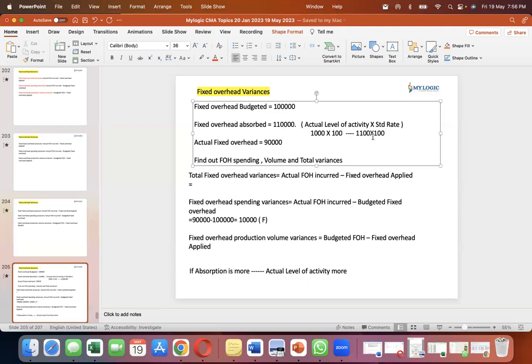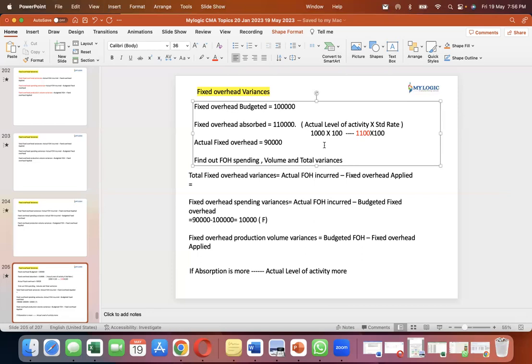But when it becomes 1,100 into 100, which is when my actual level of activity is more, my absorption becomes more. Everyone agree with me? You're getting what I'm trying to say? So the more my absorption, the more is my production or sales. My actual level is more. When absorption is more, it is nothing but actual level of activity is more. You understand that point?